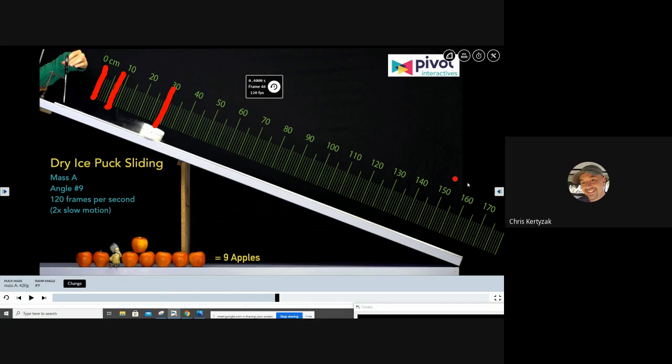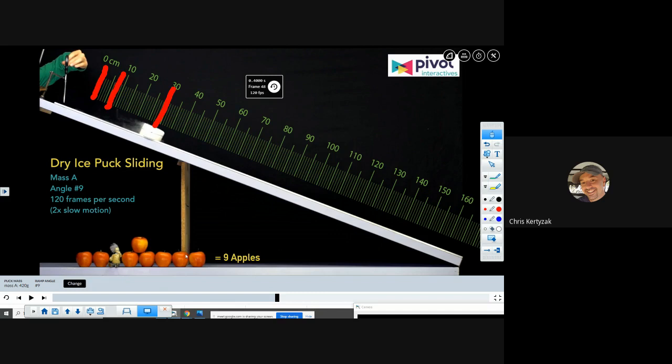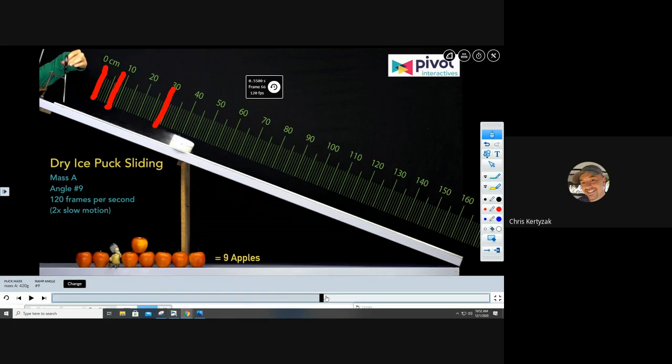And you'll see the pattern that I previously described with a free object in free fall, which is falling straight down only due to the force of gravity and no other forces, no air resistance. That's the criteria for free fall. I had shown the pattern that unfolds as something falls straight down. You'll notice the same pattern starts to unfold, because now I'm going to the 0.6 second mark.